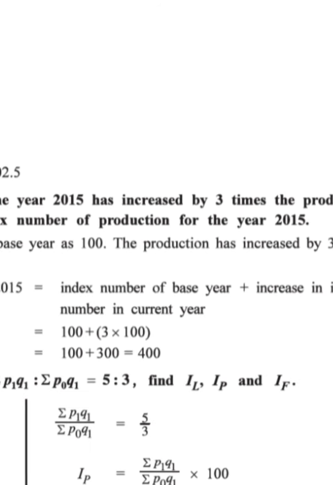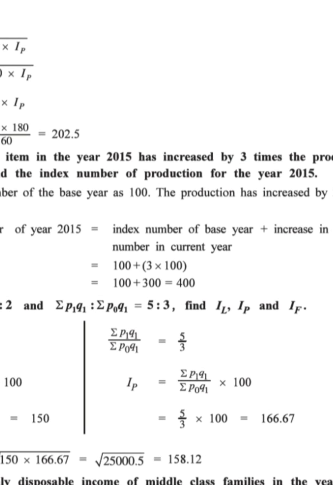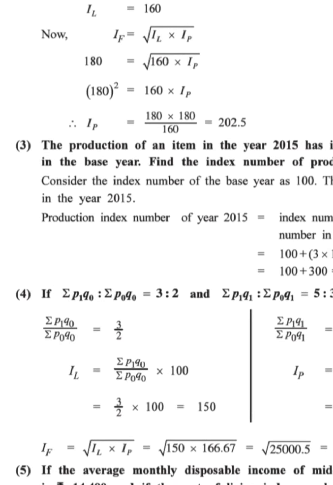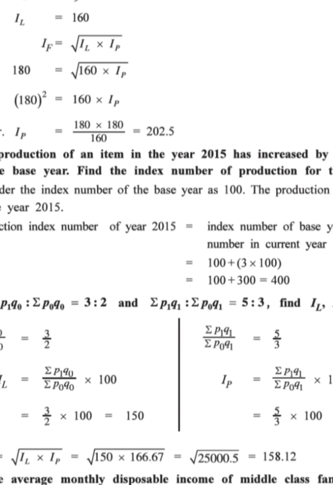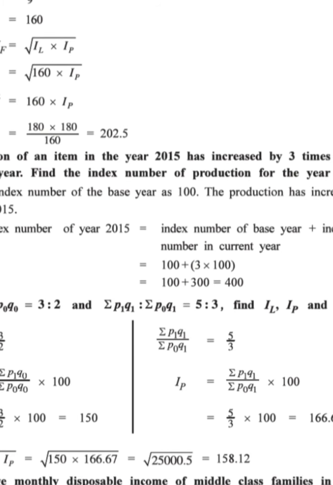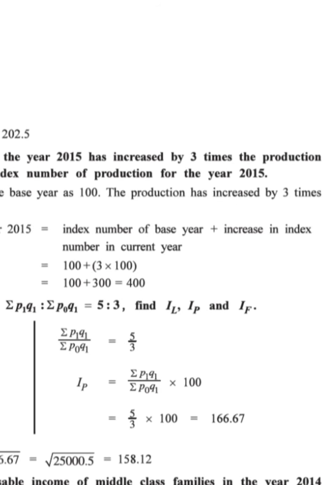That is, they have told us to find out the index number for the current year, that is 2015. Children, over here they have not given any production of the base year, or any index number for the base year. So for the base year the index number will be taken as 100.